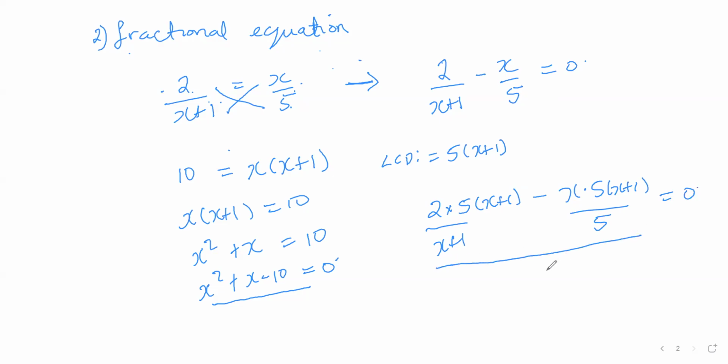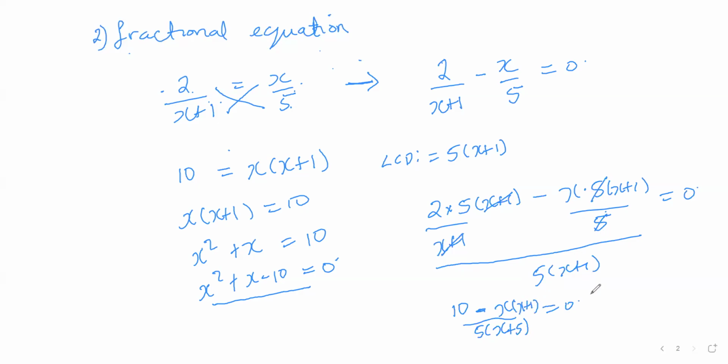All of this divided by our common denominator. So this takes out this, this takes out this, denominators all eliminated. I'm left with 10 minus x times x plus 1, over 5 times x plus 1, equals 0.